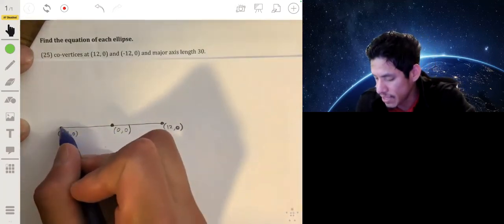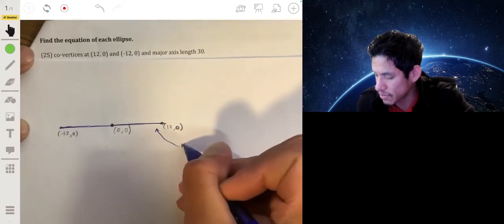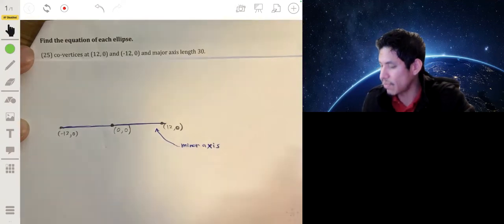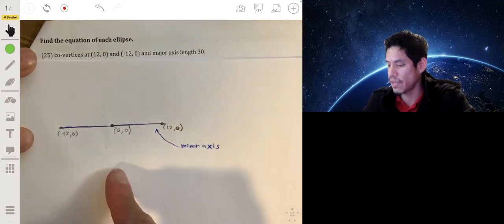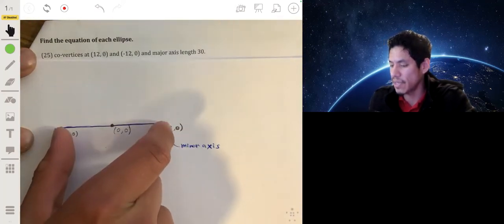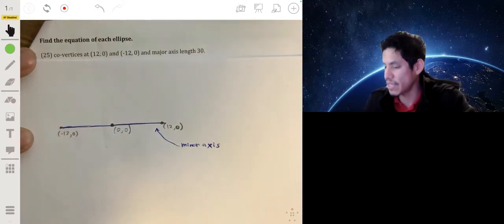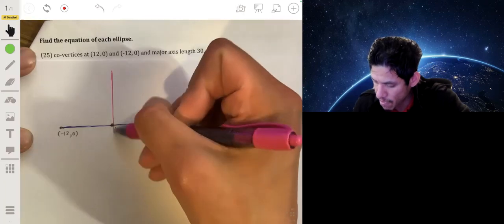And let's keep in mind that this is going to be the minor axis, or the small axis, because the major axis has a length of 30, but this length is only going to be 24. So the major axis is going to go vertically through the center.